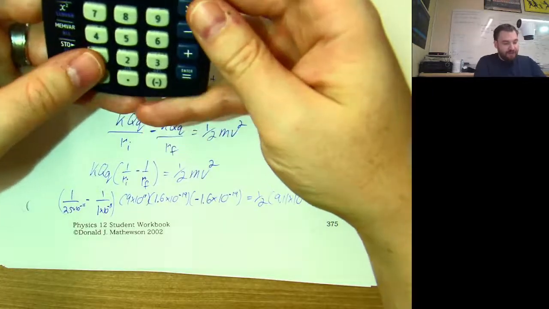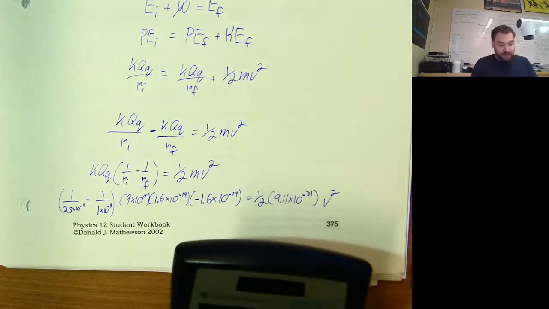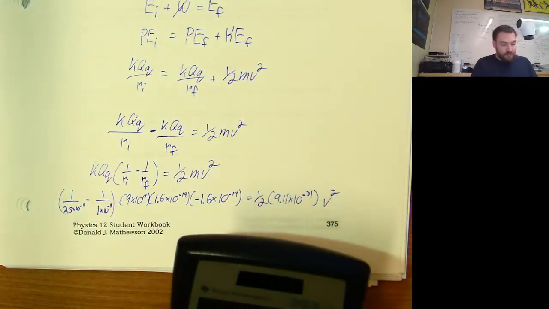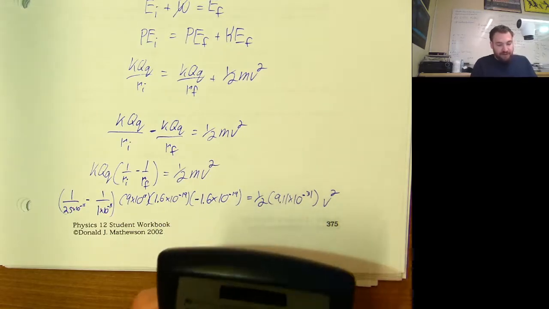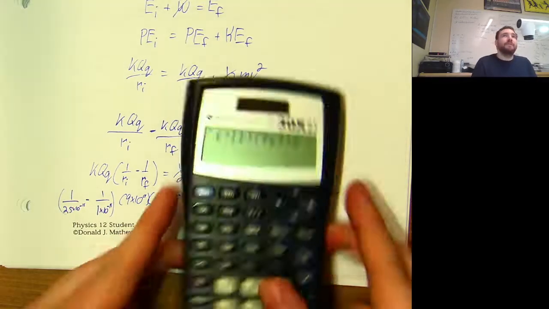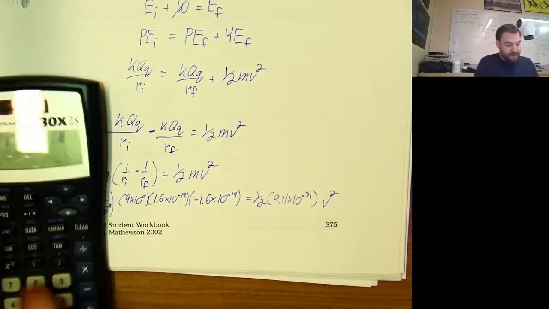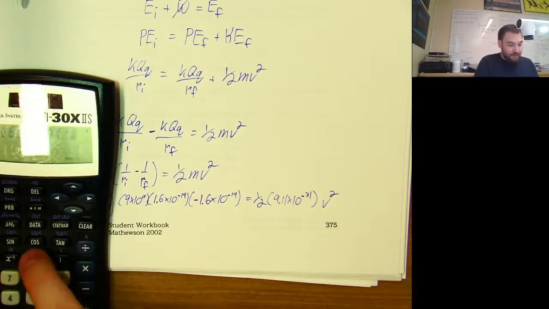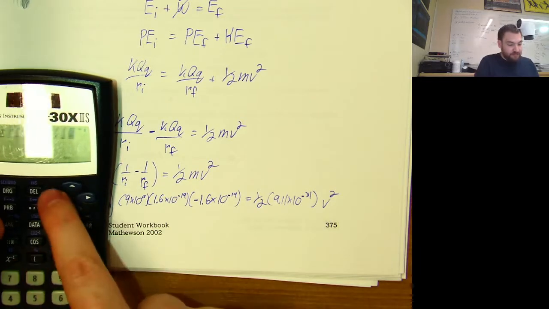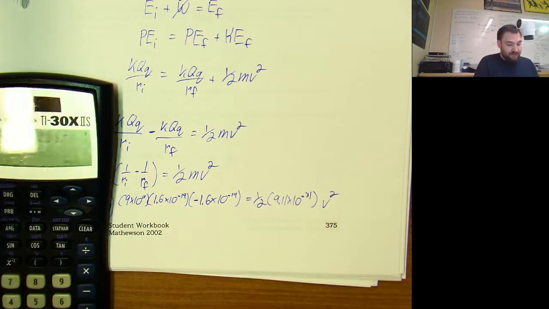If I run that through my calculator, I'm going to get 1 over 2.5 times 10 to the negative 11 minus 1 over 1 times 10 to the negative 11. Close that bracket. 9 times 10 to the 9, 1.6 times 10 to the negative 19, negative 1.6 times 10 to the negative 19.